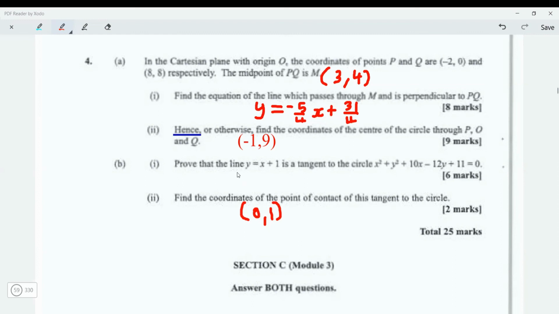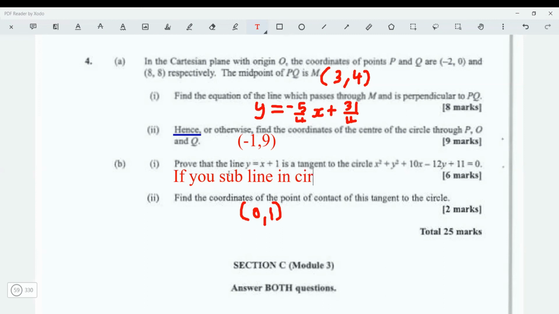you to do is show that when the discriminant of that quadratic is 0, then the line would be a tangent to the circle. Let me write that in words. If you sub the line into the circle, it leads to a quadratic.